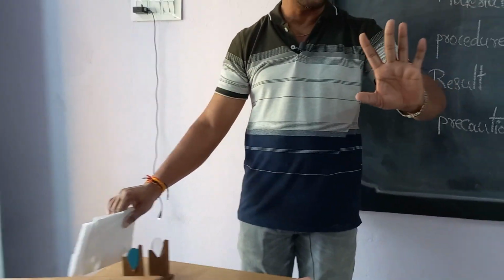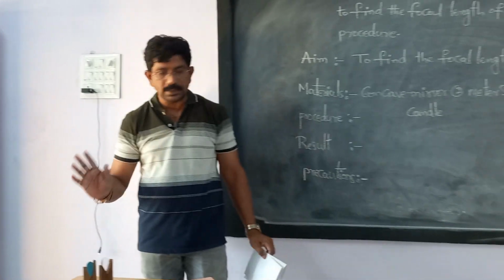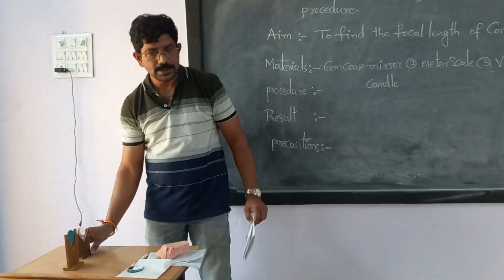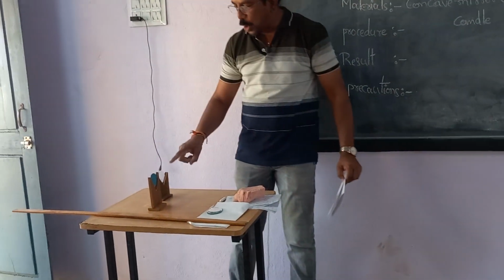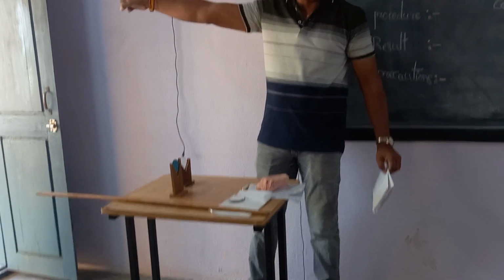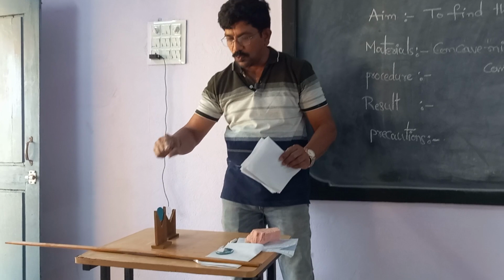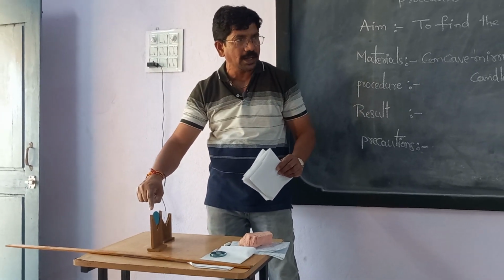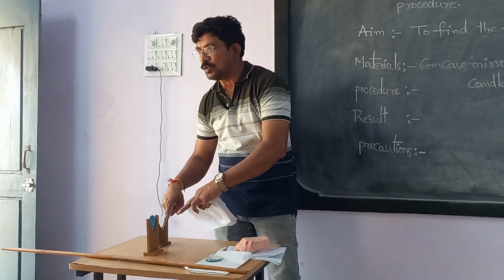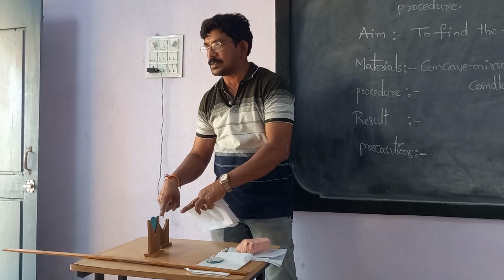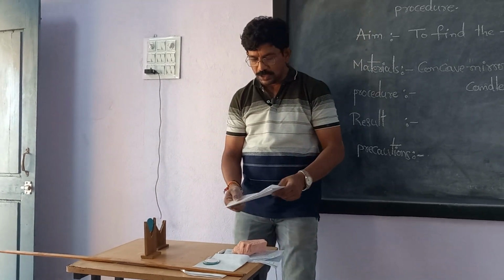Next, the process is the same in the case of the lens. This is the lens. I am pointing at the distance object. We are doing the experiment simultaneously. One time we are using the spherical mirror, that is concave mirror. Another time we are using the double convex lens. Now observe this one.